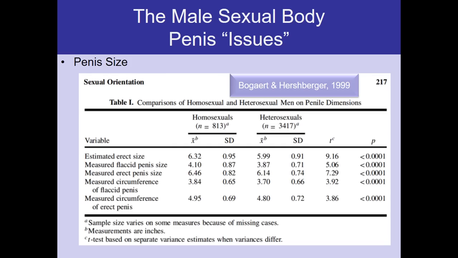Estimated means we've measured the flaccid penis and we didn't make the person actually get an erection for a measurement. So we've got estimated erect size, measured flaccid penis size, so a non-erect penis, measured erect penis size, so they actually measured the erect penis, measured circumference of the flaccid penis, measured circumference of the erect penis.